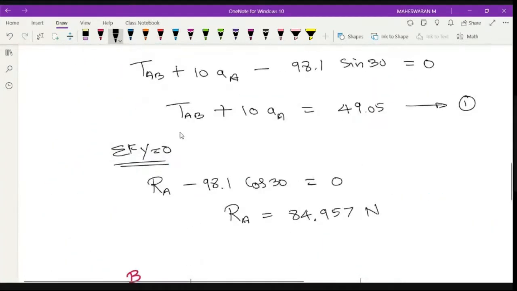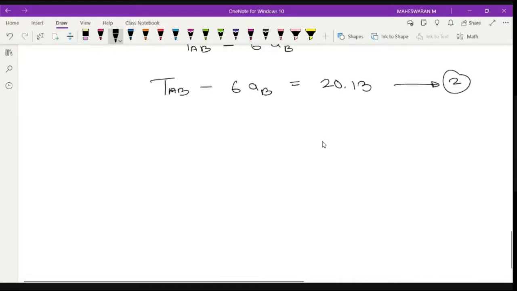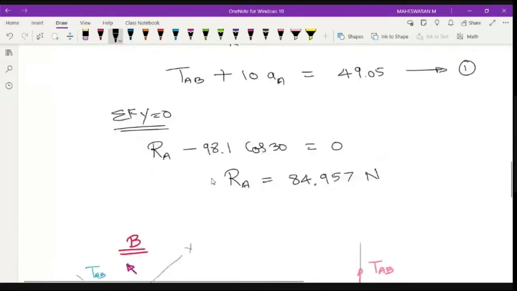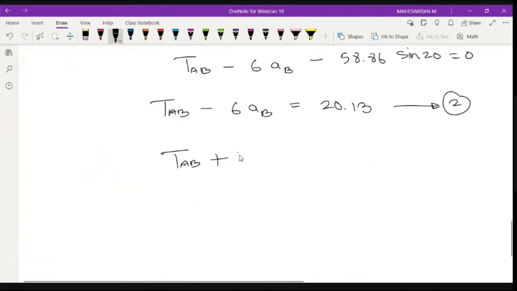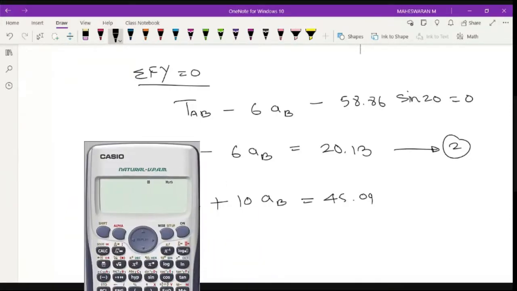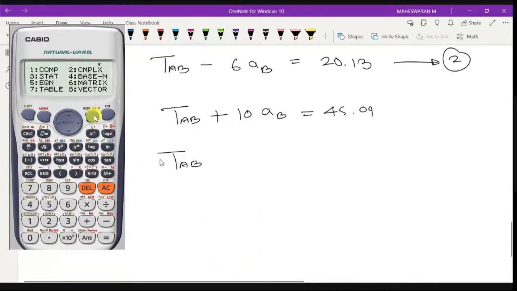The first equation is TAB plus 10 AB is equal to 45.09. So from all this, find out what is your TAB and what is your AB.